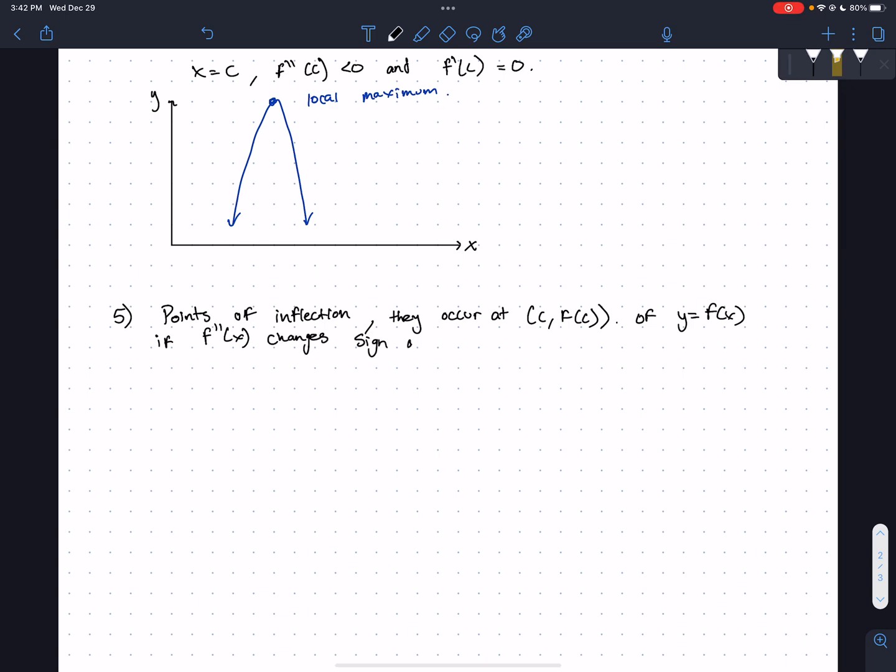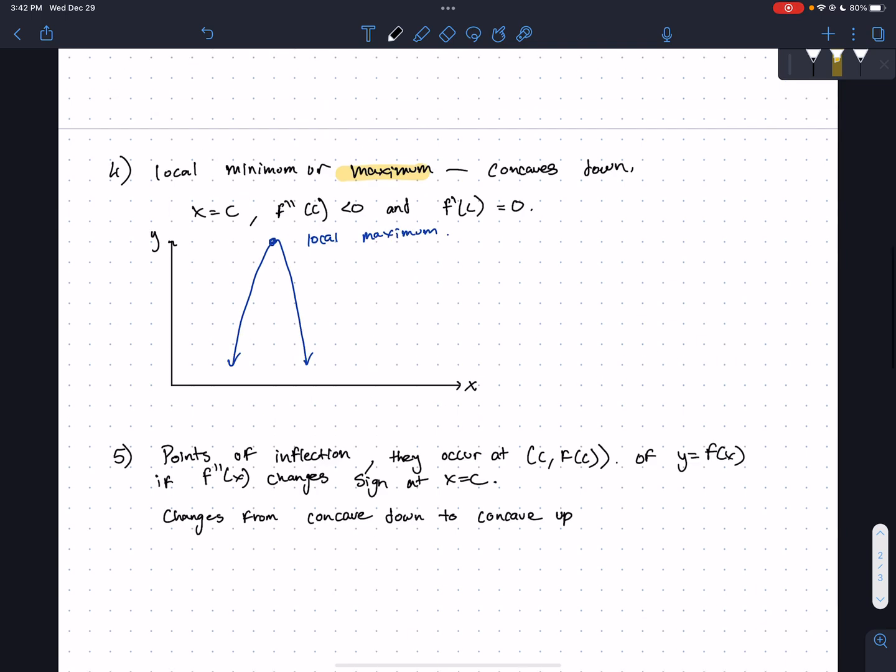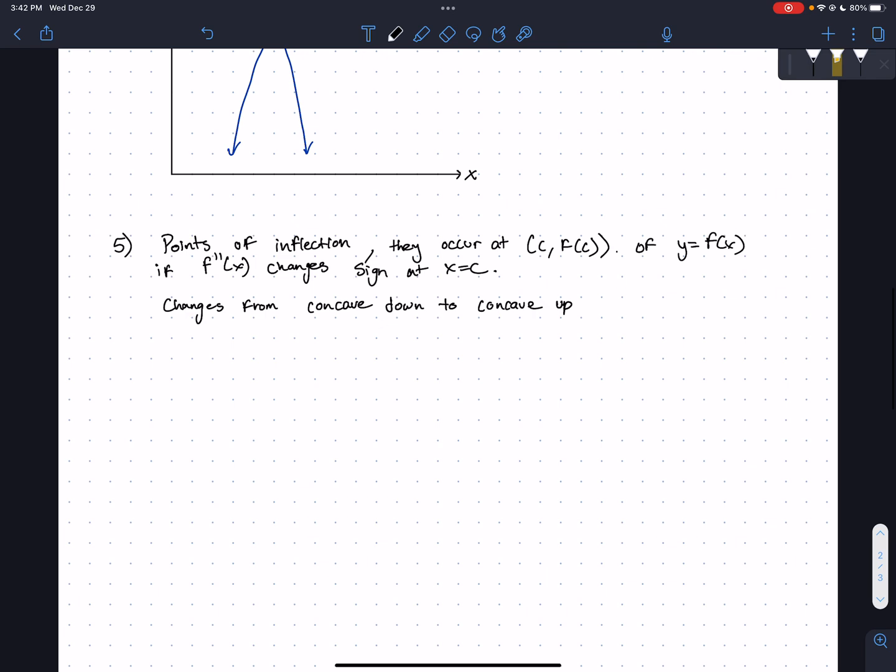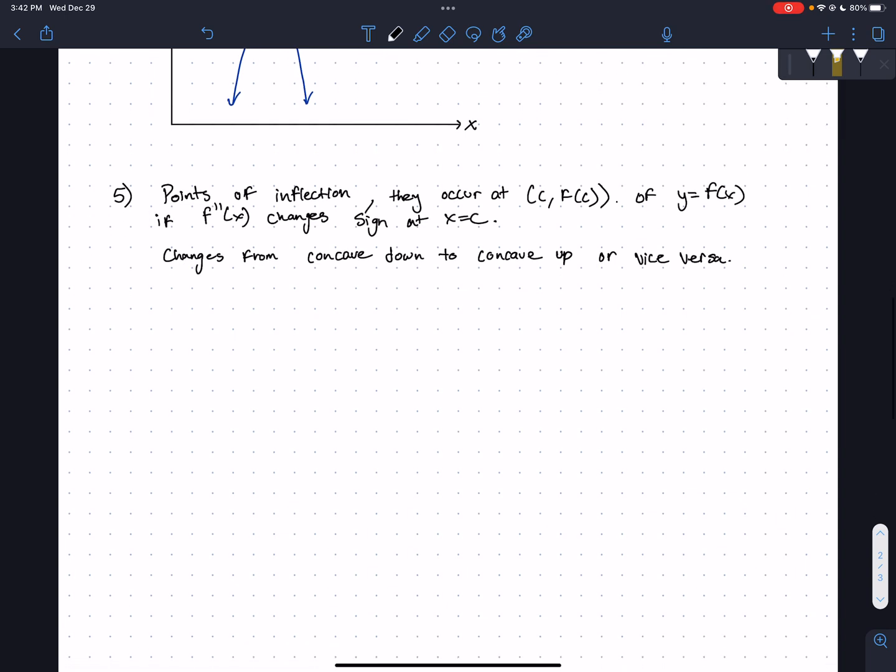So if it changes sign at x equals c, that means it changes from concave down to concave up, or vice versa. So it can change either way, and you have a point of inflection, right?